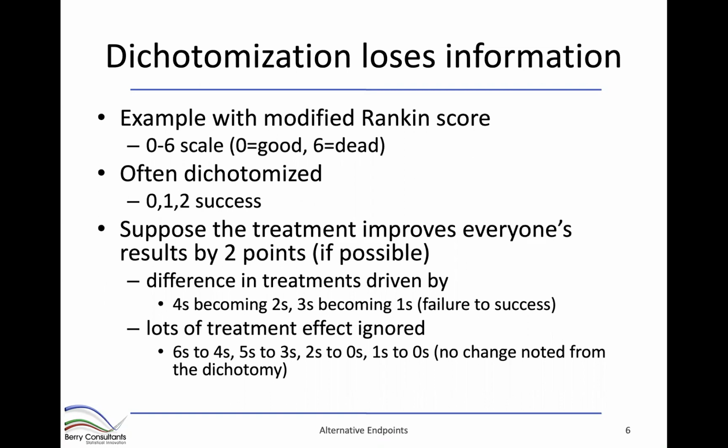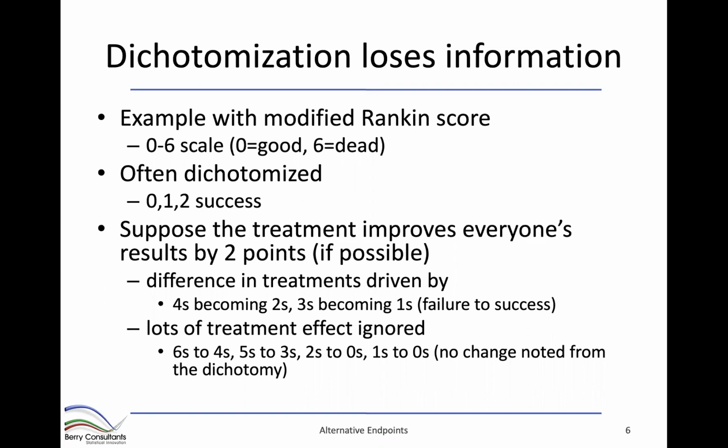On the other hand, a sizable amount of my treatment effect just disappears. All the 6s, the people who would have died that become 4s, are a failure in either case. So that improvement is ignored. The 5s to 3s are also ignored, and 5 to 3 on a modified Rankin is a very big difference.